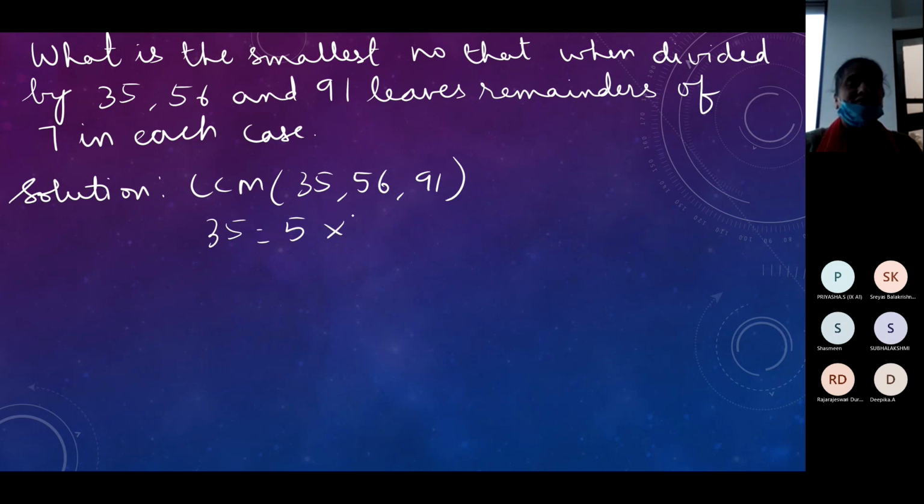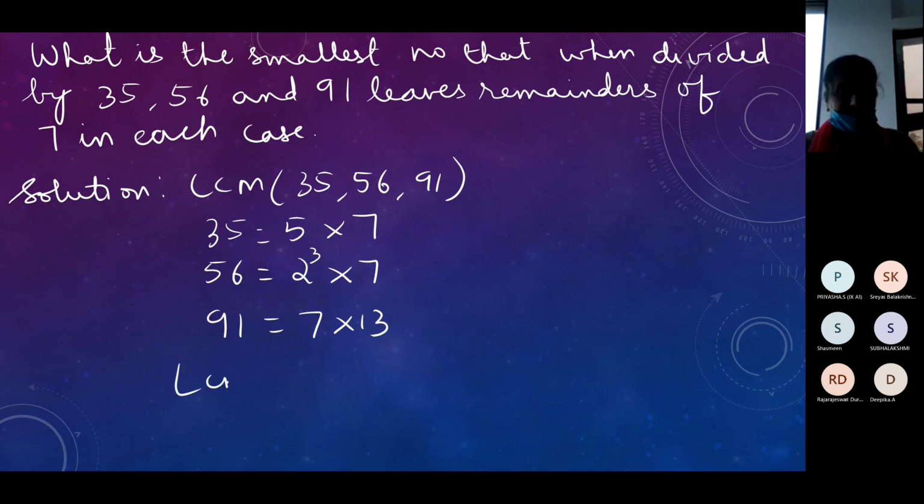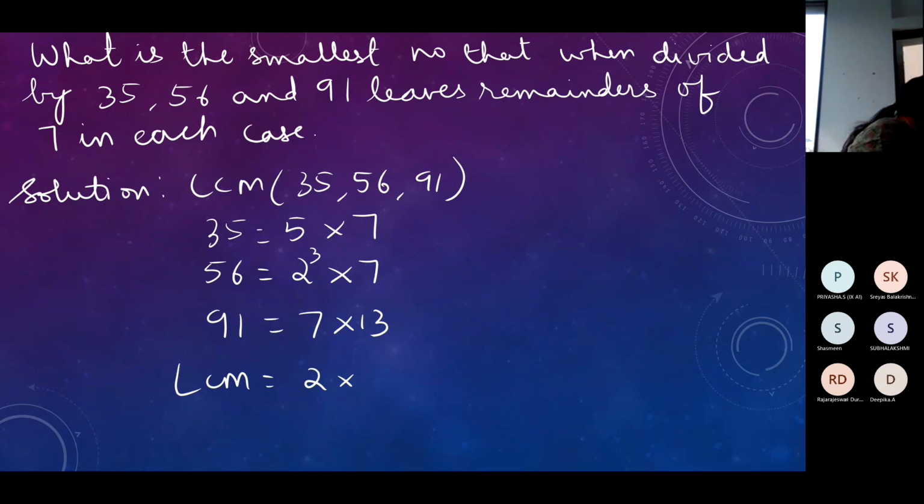You should use the fundamental theorem of arithmetic. 5 sevens are 35. 2 cubed, 7 is 56. 7 13s are 91. So LCM is equal to 2 cubed into 5 into 7 into 13. How much? What's the answer?